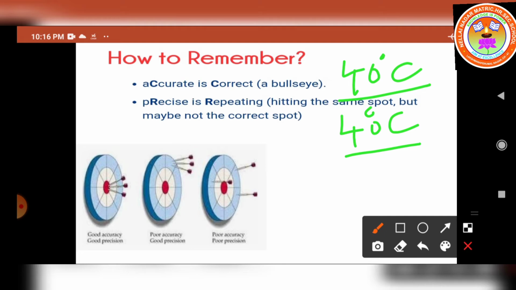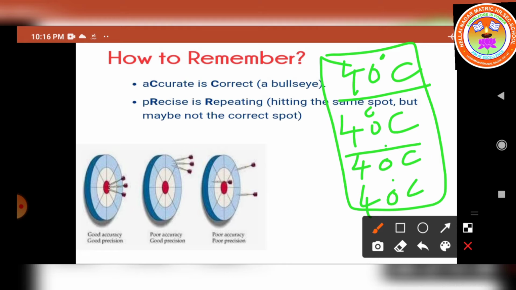If the thermometer consistently registers this exact temperature in a row, again you measure the outside building temperature. It shows 40 degrees Celsius. Again it gives 40 degrees Celsius. The readings are tabulated. It gives the same value only. So now the thermometer is precise.